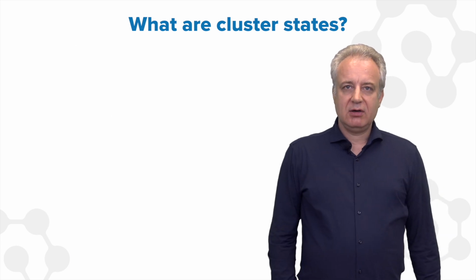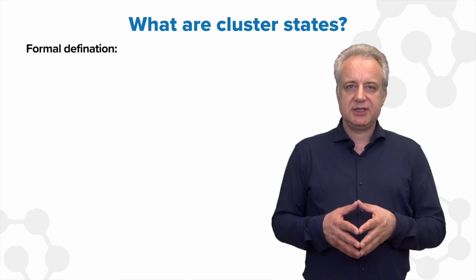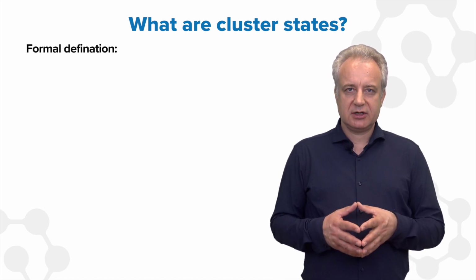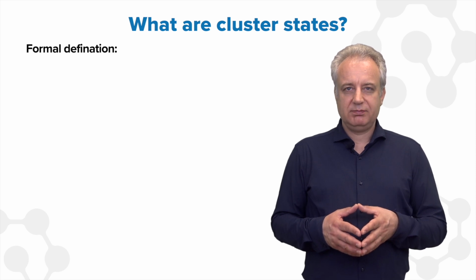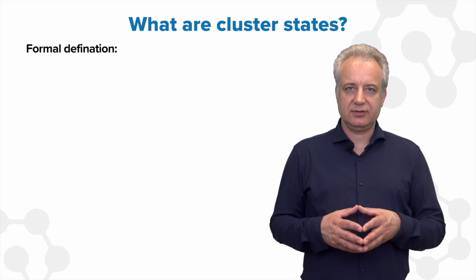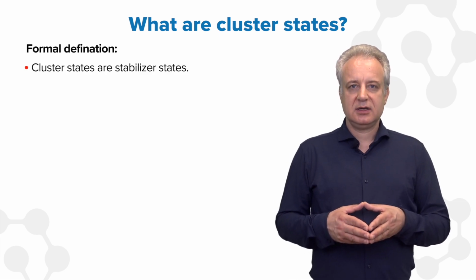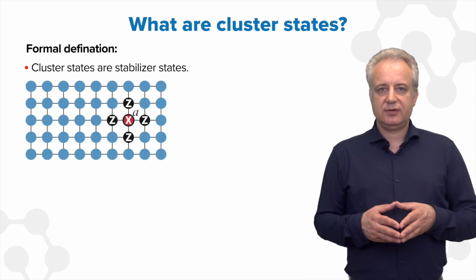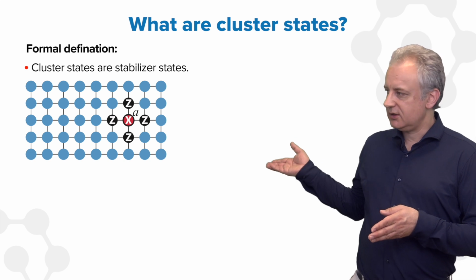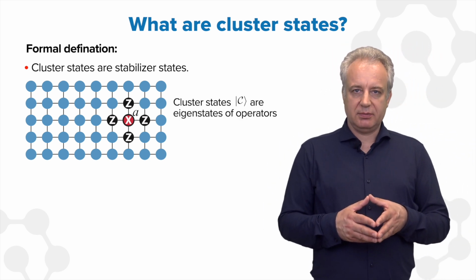All right, now after we've seen the examples and the creation procedure, let's proceed with the formal definition. Of course, we could take the creation procedure as the formal definition, but we'll see that the definition given here is actually quite useful. Cluster states are stabilizer states. For those who are not familiar with the notion, they are eigenstates of a bunch of operators.